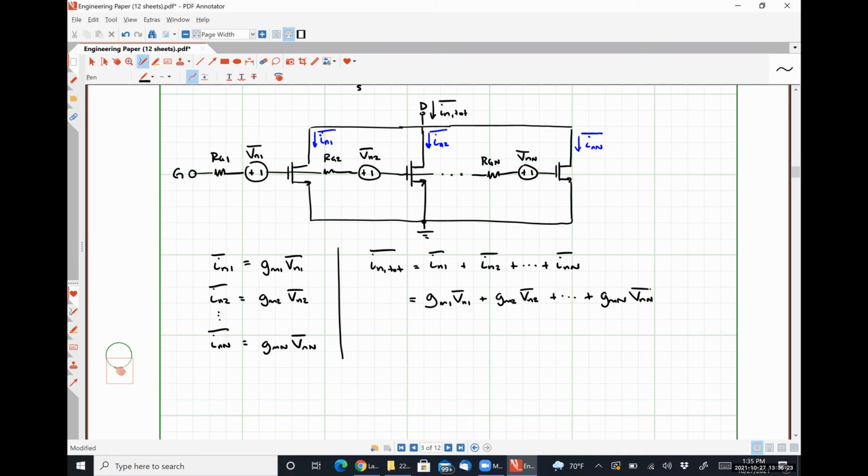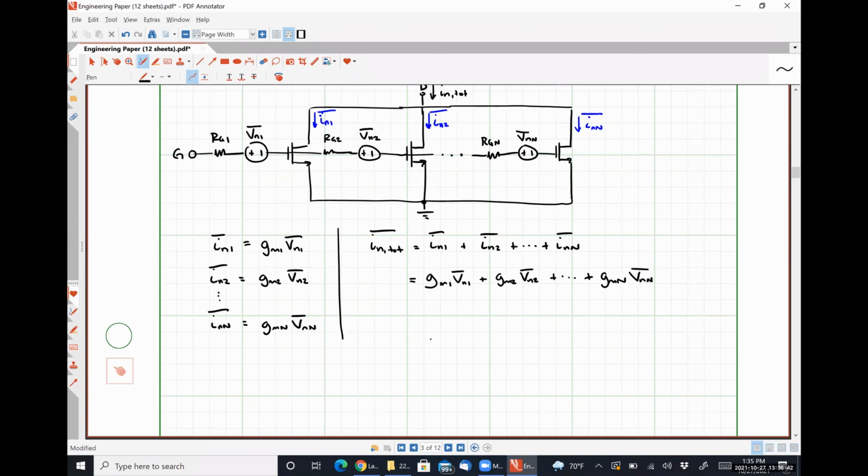So if we subdivided our original transistor into a bunch of equal sub-transistors, what can we say about the transconductance of each of these sub-pieces? They should all be exactly the same. Absolutely correct.